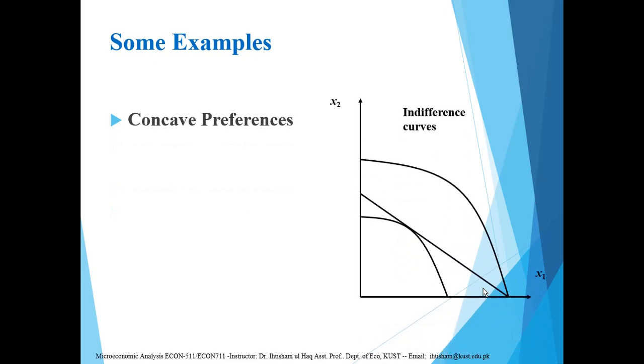Now, what will be the consumer's optimal choice or consumer equilibrium when the indifference curves are concave preferences? If we look at point X, this is a non-optimal choice. Why? Because it is situated on a lower indifference curve, whereas point Z is an optimal choice.